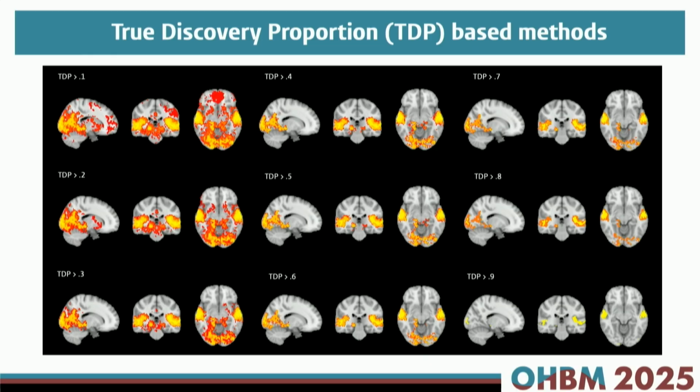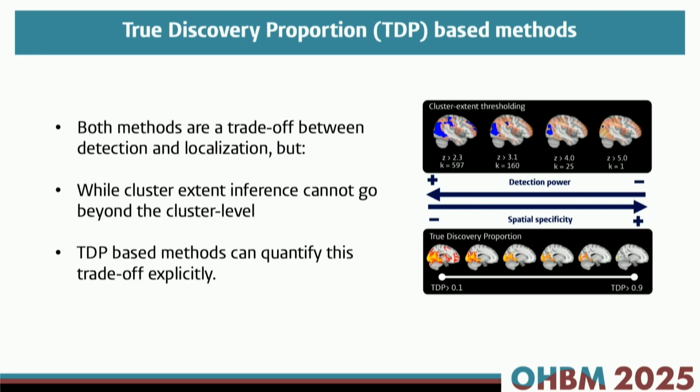The funny thing, or at least I find it interesting, is that these true discovery proportion methods, as with cluster extent thresholding, allow us to make the spatial specificity paradox explicit, right? So we can quantify the trade-off.